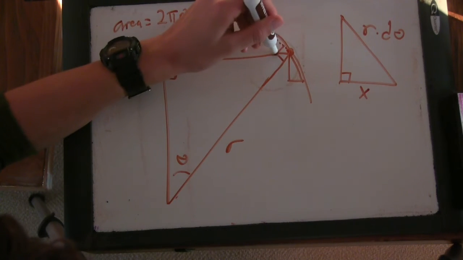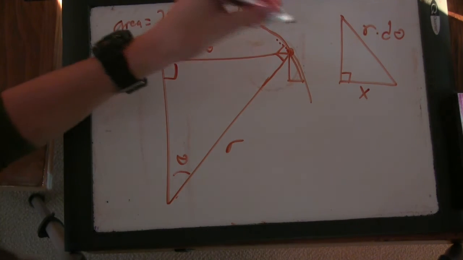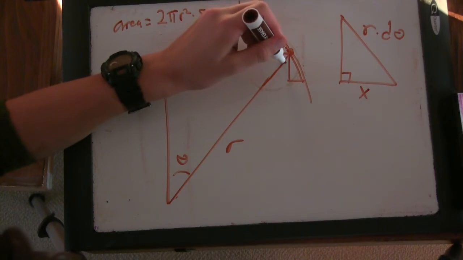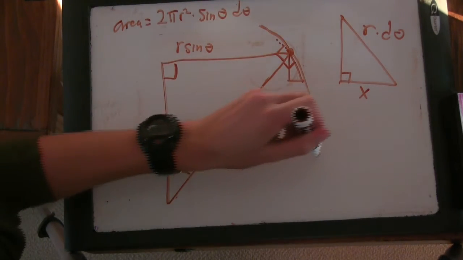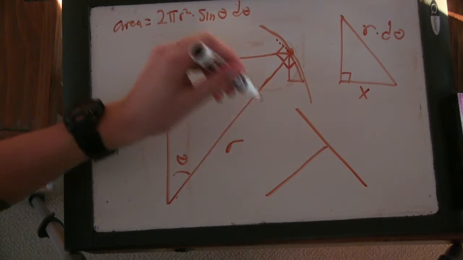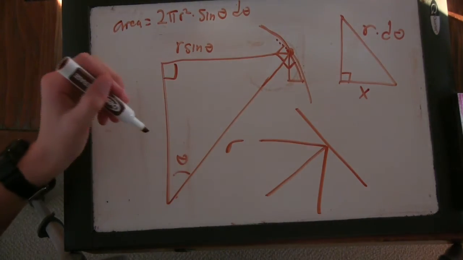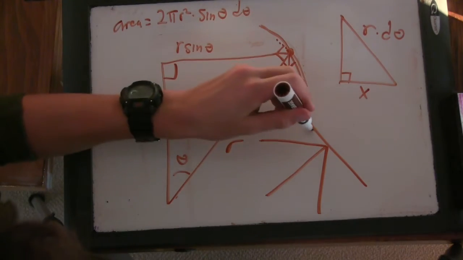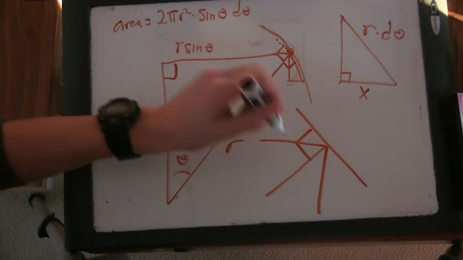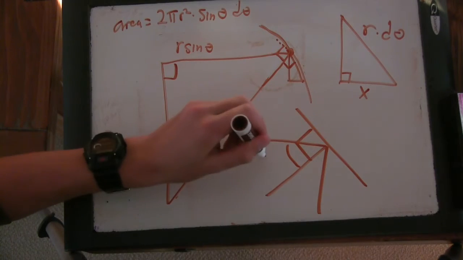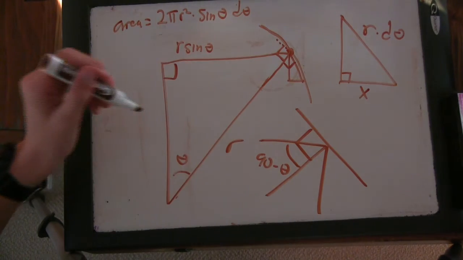We can say we have a right angle here, and here. And this is 90 minus theta.